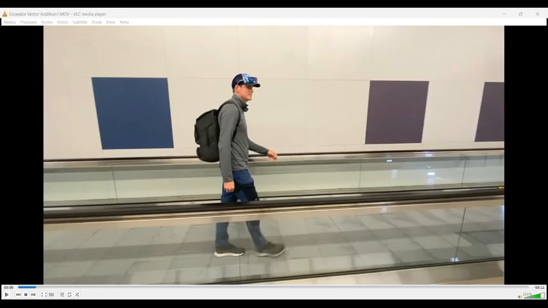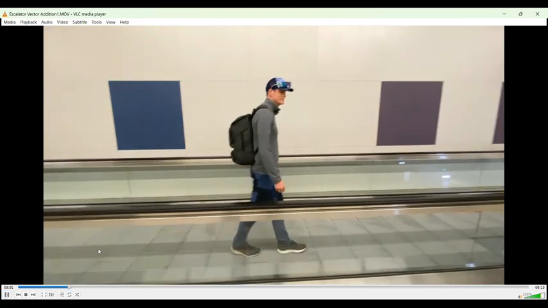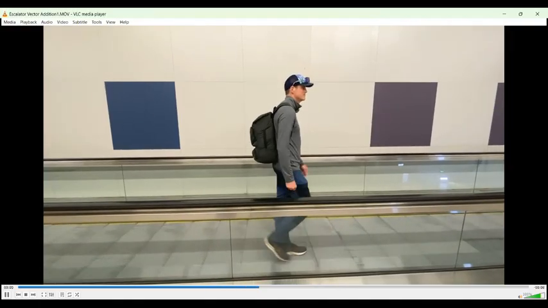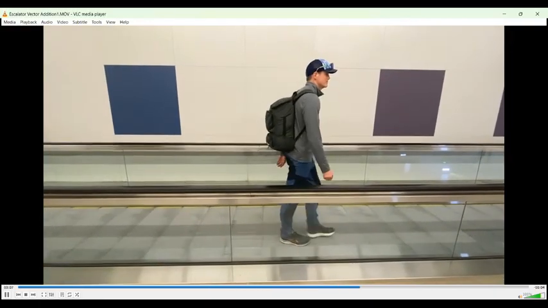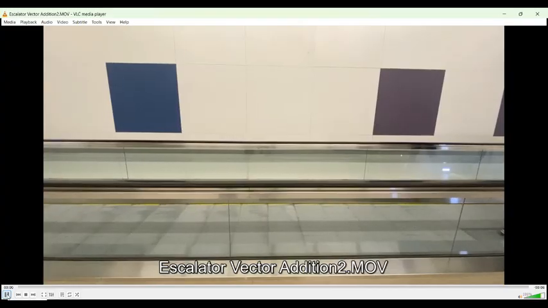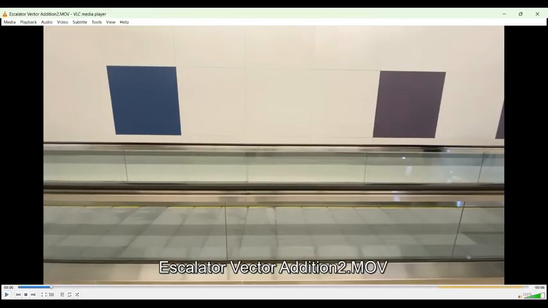So my actual velocity is zero. I'm not moving at all. We call that my ground velocity, because relative to the normal ground that's not moving, my velocity is zero. However, relative to the sidewalk, I am moving at a certain velocity.